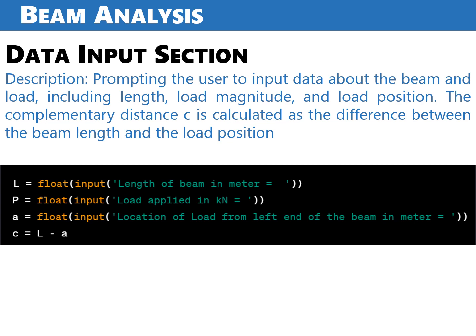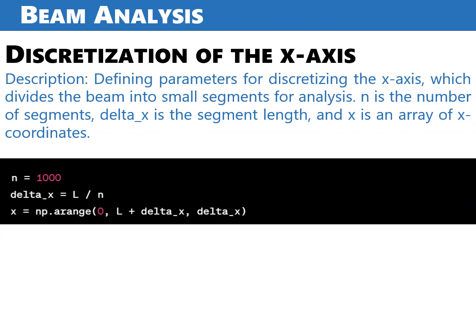After completing this data input section, we will proceed towards the next but very important point, and that is discretization of the x-axis. Whenever we plot a graph along two axes, x and y, we assume a number of points along one of the axes, which is called the independent axis.